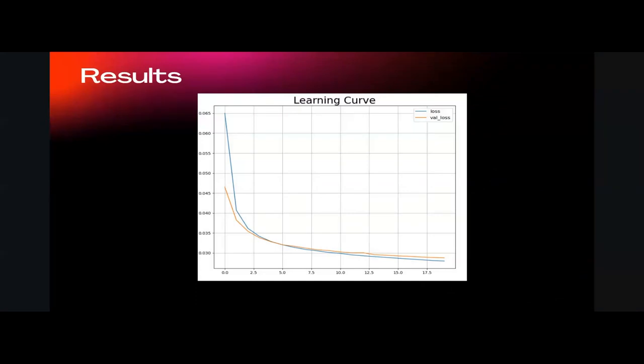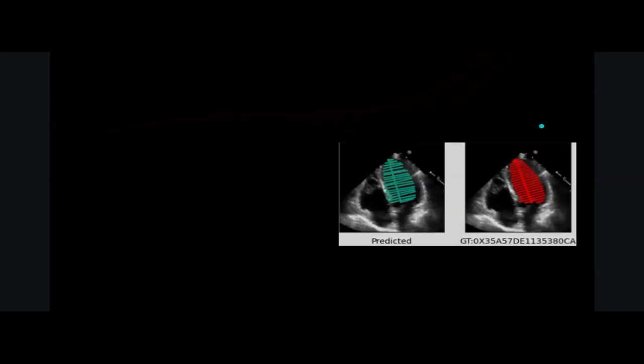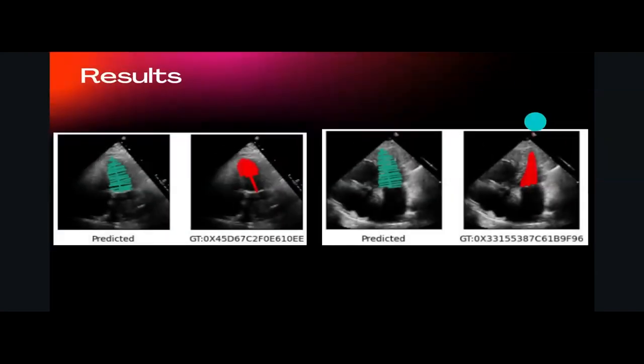These are just some of the results. This is the learning curve. So as you can see, the chance for false predictions significantly lowers after each time. This is a visual of the predicted versus ground truths from an ED frame. And these are visuals of predicted versus ground truth on ES frames. As you can see, the predictions are not as accurate compared to the ground truth.